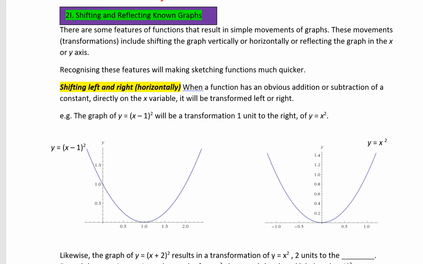It's not so much in the shape that we recognise the common feature, it's in the connection between the impact algebraically and the graph. So for all our functions, they're all written algebraically and they all appear graphically as their known shape. What we do is we look at changes to the algebraic forms.